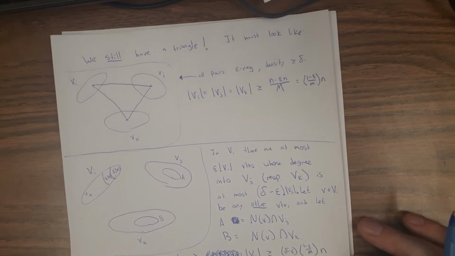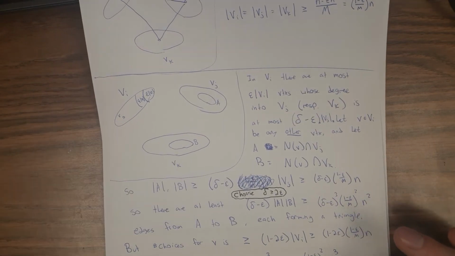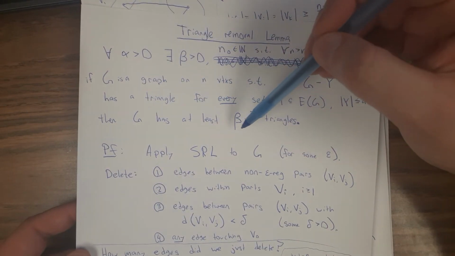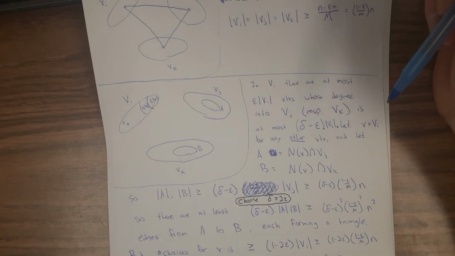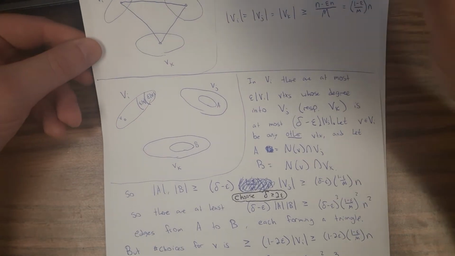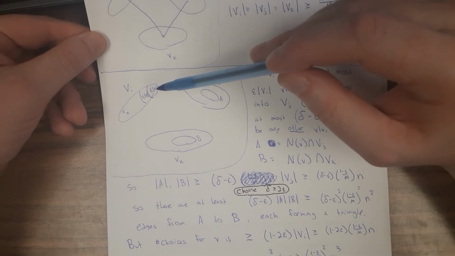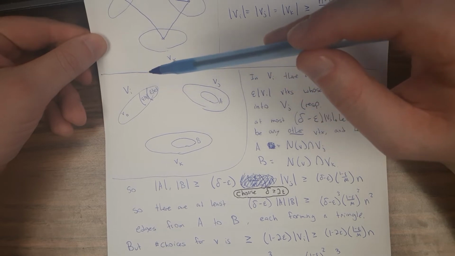All right. Now what we're going to do is count the triangles, because in the end, the conclusion we have to reach is that the original graph had at least some cubic number of triangles. So here we go. Recall something that we proved about epsilon regular pairs.